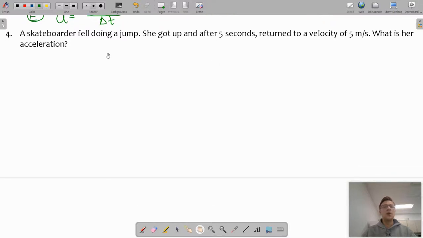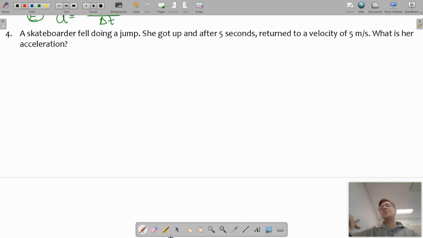It says a skateboarder fell doing a jump, and it says that she got up and after 5 seconds returned to a velocity of 5 meters per second. What is her acceleration? Okay, so it's implying that the skateboarder is initially moving, yes, but then she falls. So the velocity at that point is 0.